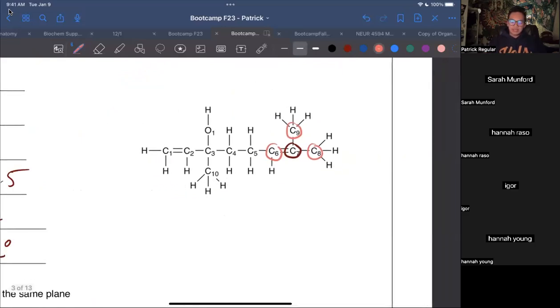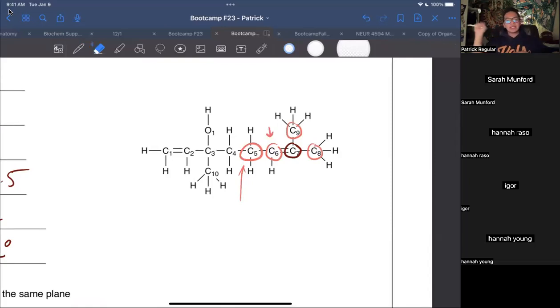All right, C6. It is also sp2 hybridized. Everything is still planar. C5 is also existent. All of these hydrogens here on the side, not on the same plane, but it's not asking about the hydrogens. Now let's keep going down the line. C5 is sp3 hybridized. Even though it's on the same plane as C6, C7, C8, C9, everything it's connected to is not on the same plane because it's sp3 hybridized.